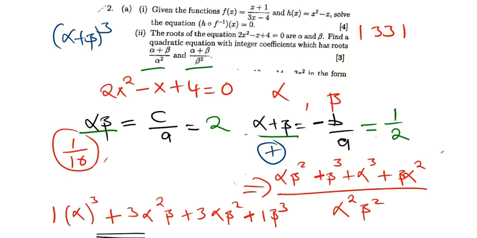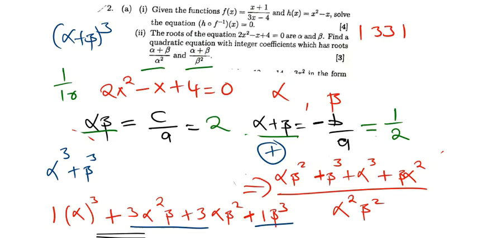And so that's what we have at this point. So if we try to simplify that, we have alpha cubed, the last part beta cubed, and the middle part we have 3 alpha squared beta plus 3 alpha beta squared. Now this is equal to alpha plus beta raised to the power 3.